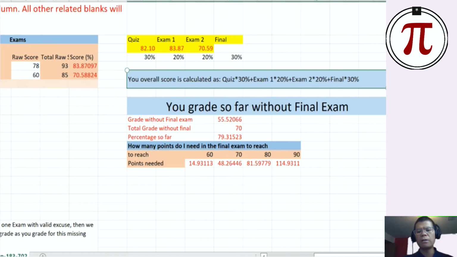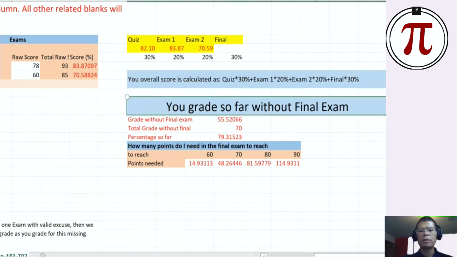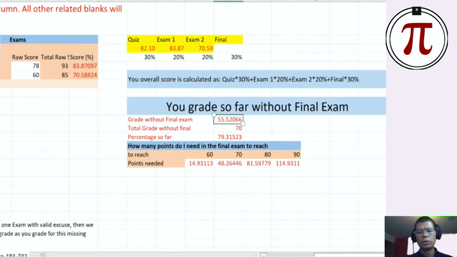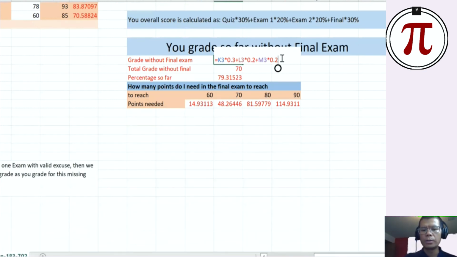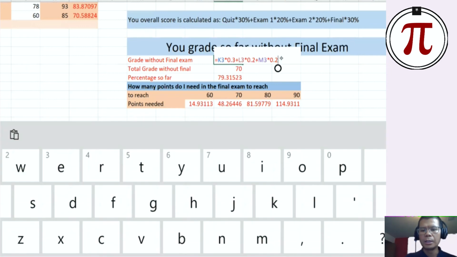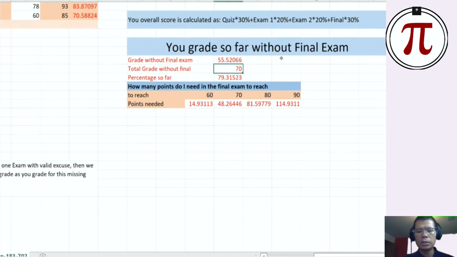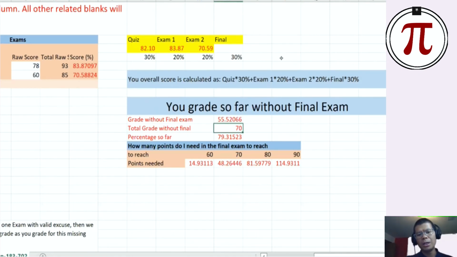Your grade so far is without the final exam. It uses 82.1 times 0.3, that's 30% for the quiz, 83.87 times 0.2, that's 20% for exam 1, and 70.59 times 0.2, that's 20% for exam 2.